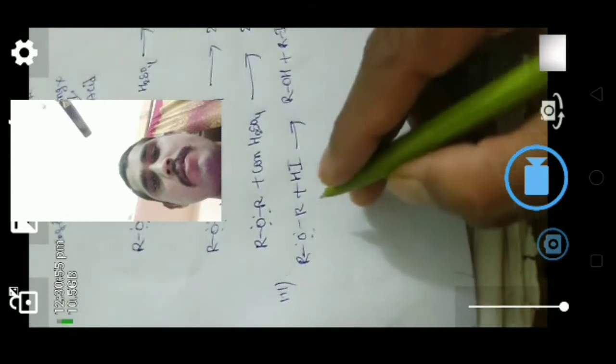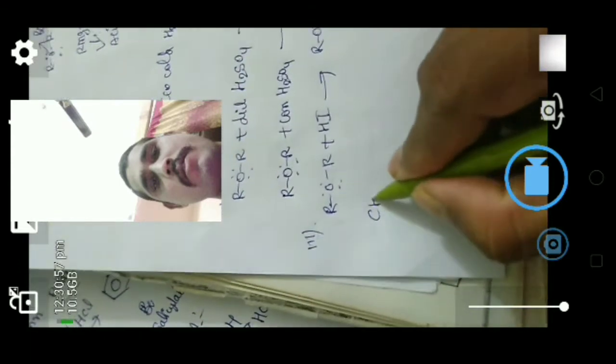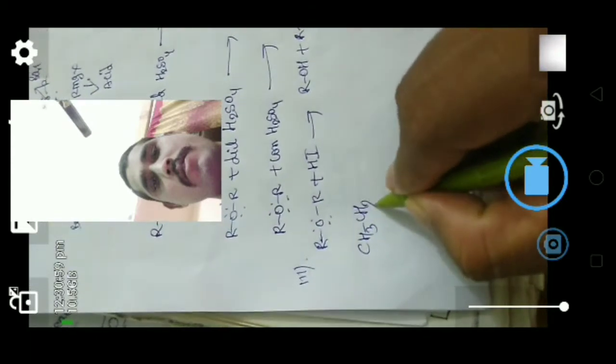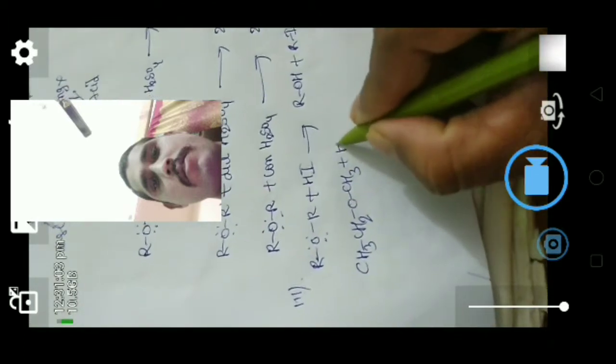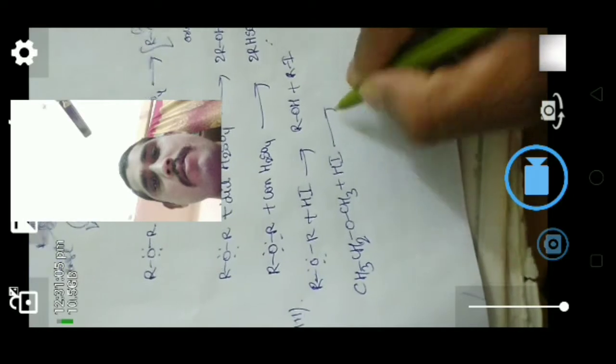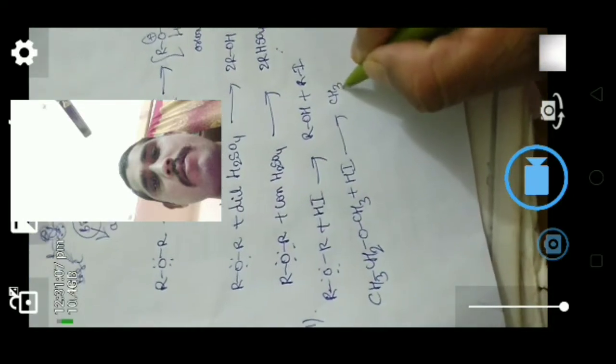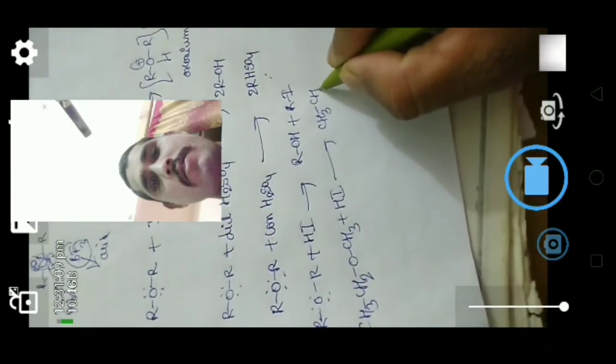We will see one example. CH3CH2OCH3 plus HI gives CH3CH2OH plus CH3I.